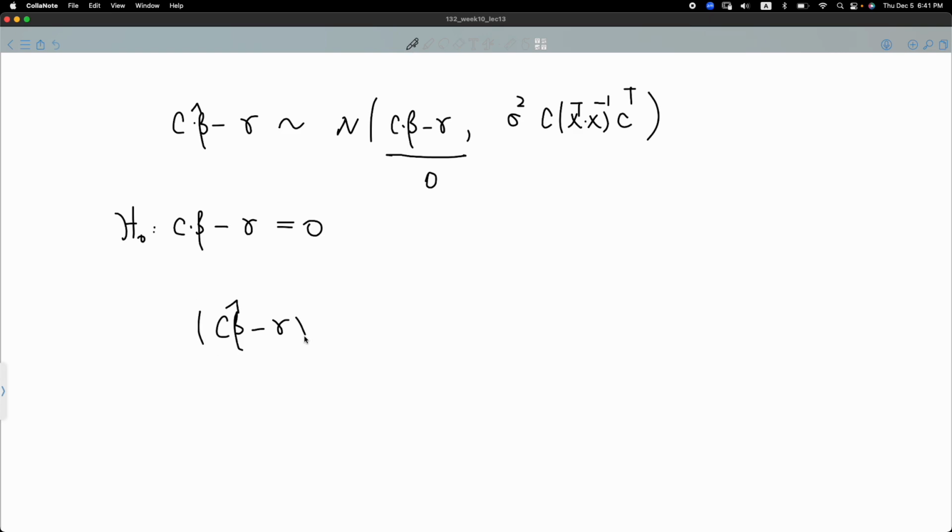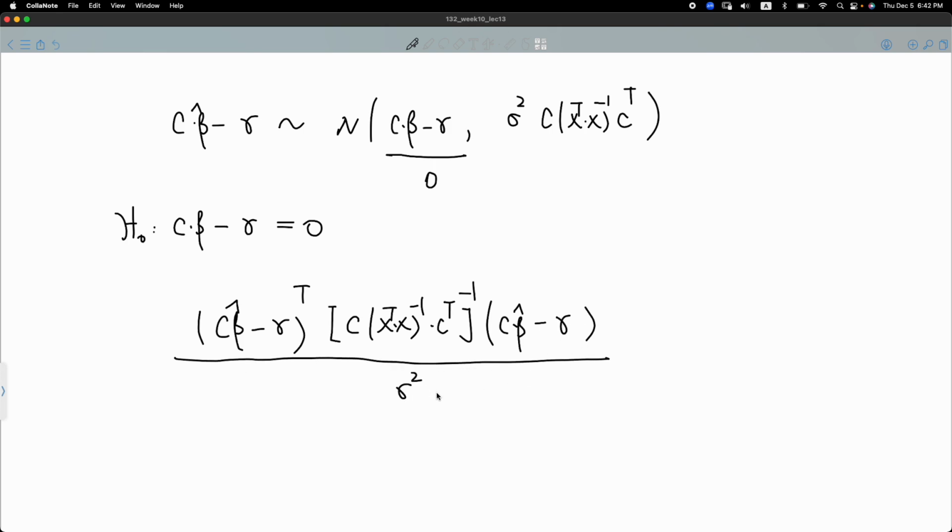And then you perform the standardization again. The inverse, and then C beta hat minus the gamma over sigma square. So this one follows a normal distribution, and now you're just performing the standardization and then taking the square.